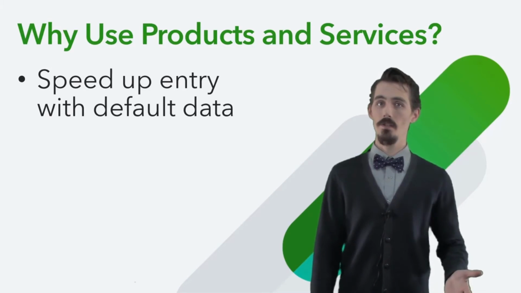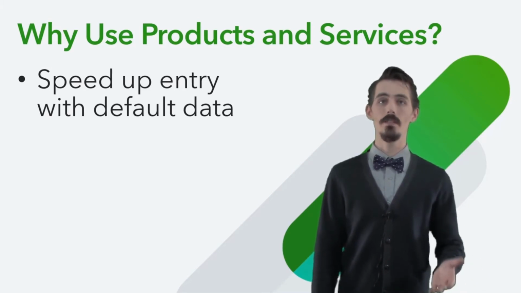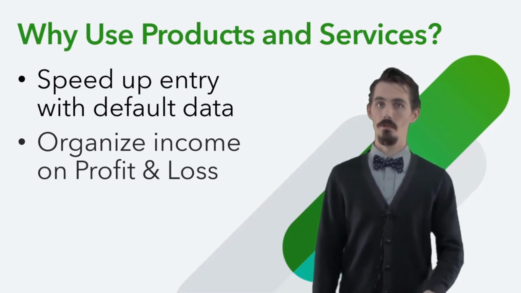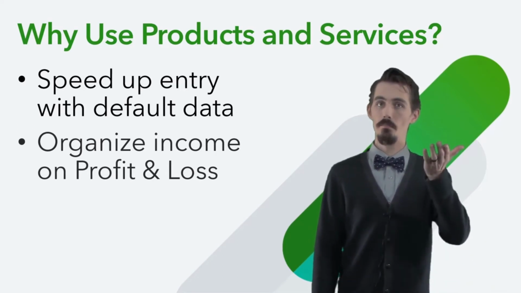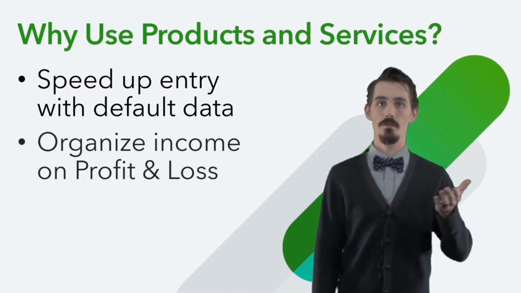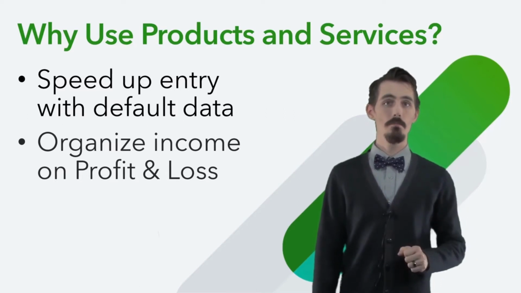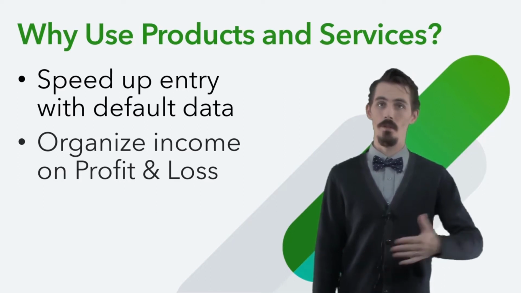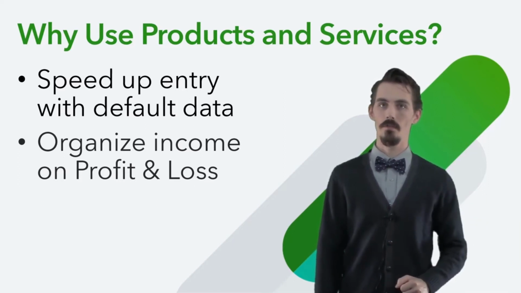The second advantage is that products and services are linked to income accounts. And when you record the sale of a product or a service, QuickBooks increases the balance of that income account that it's associated with. This is important because it lets you track different types of revenue based on the different charges you've made to customers.